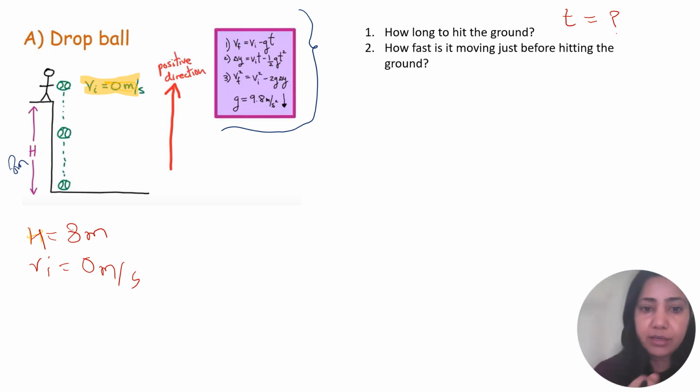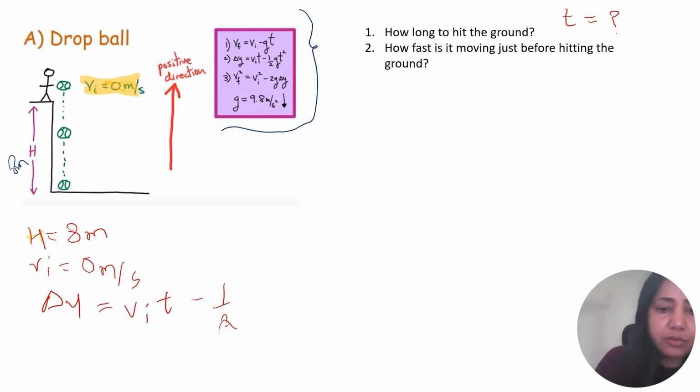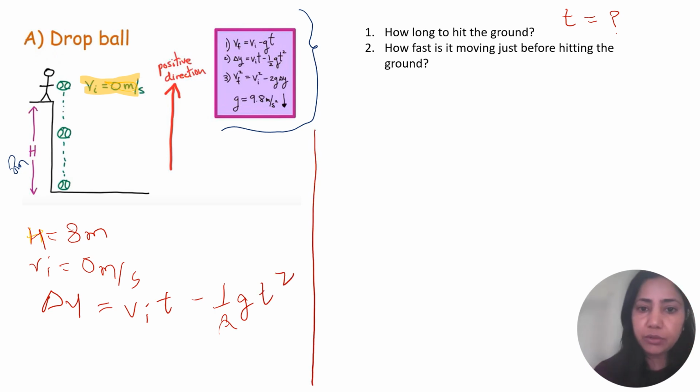So let's try the second equation: delta y equals vi t minus half g t squared. Delta y is the displacement along the y-axis, meaning yf minus yi, the final position minus the initial position.